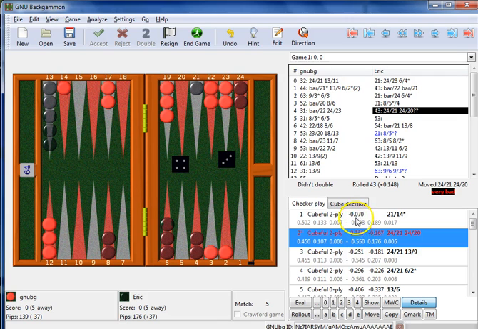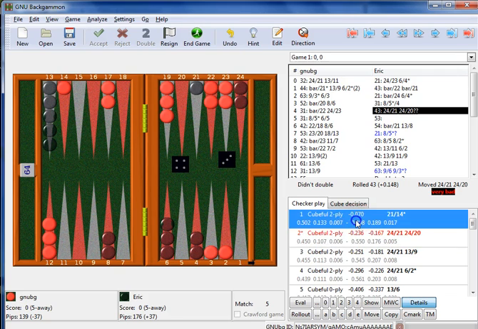Those numbers are not quite as important as the difference between them. The difference between what I moved, which was minus 0.236, and the best move, which was minus 0.07, is this number here, minus 0.167. That's the difference in the equities, and that is how a move is rated doubtful, bad, or very bad.